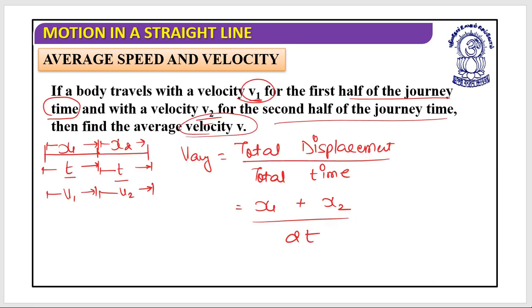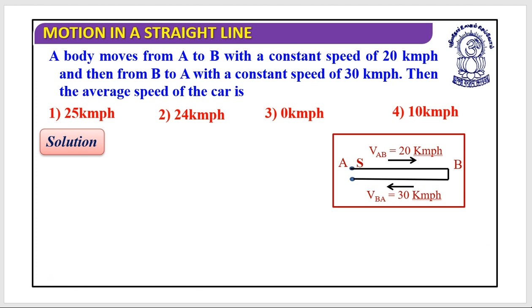So let's look at the next numerical. Read it quickly. What they have given is a body moves from A to B, with a constant speed of 20 kilometer per hour, and then from B to A with a constant speed of 30 kilometer per hour. Then the average speed of the car is? What could you do?